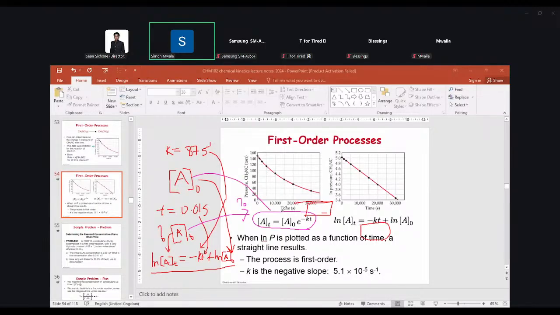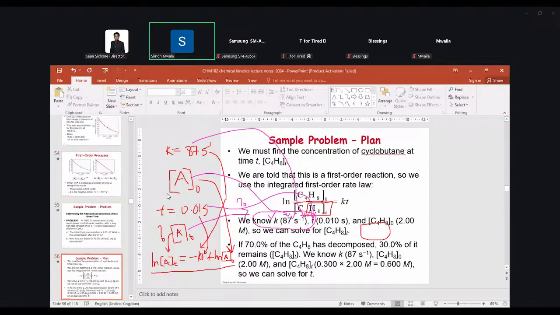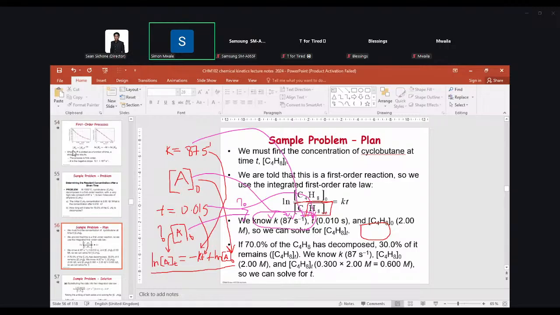A0 has been given, k has been given, you can put it there, and the time has been given, you can put it there. So all you need is to put in this value, this value, this value, and solve for this one. That's all you need to do here. This has been done for you at this point.